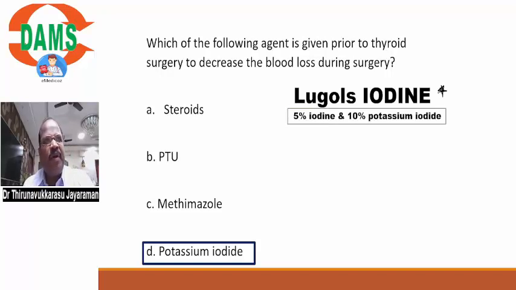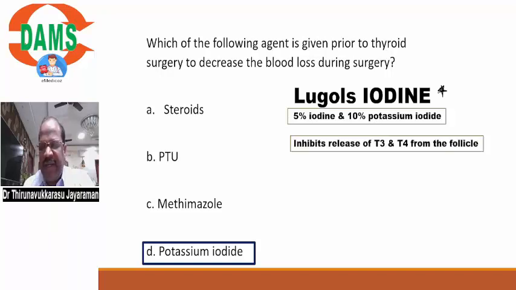A very important point: this drug is useful in hyperthyroidism, acting by inhibiting release of T3, T4 from the follicle. Whatever hormone, new or old stored hormone, is not allowed to release.